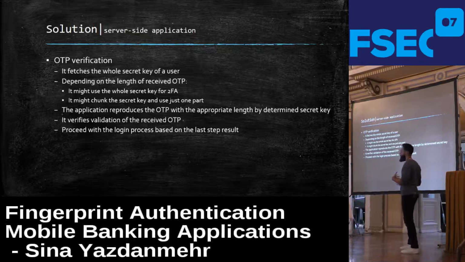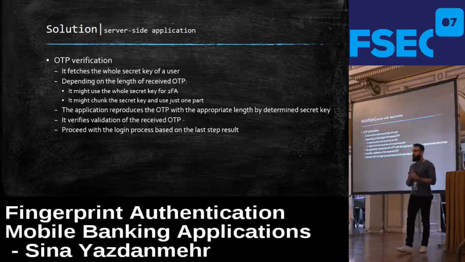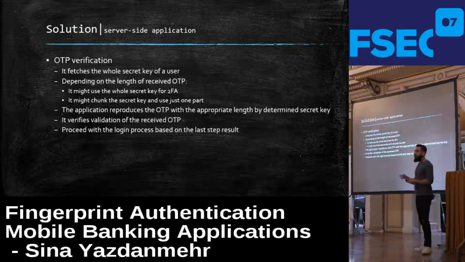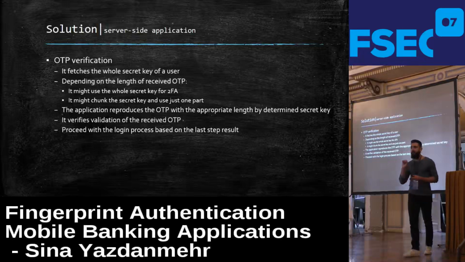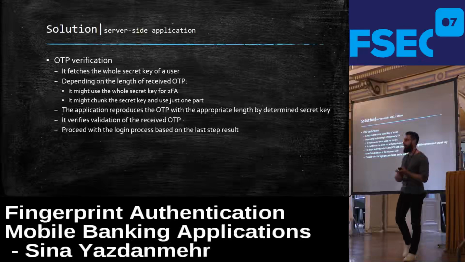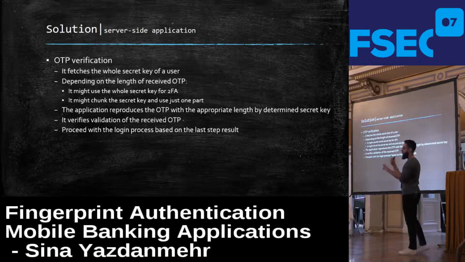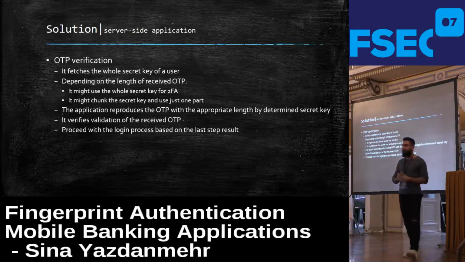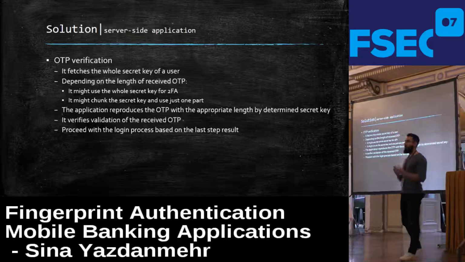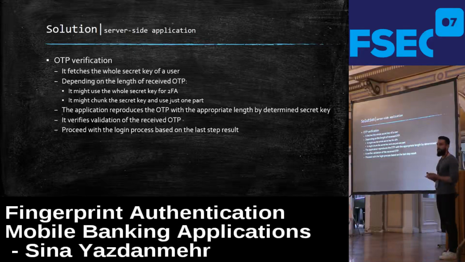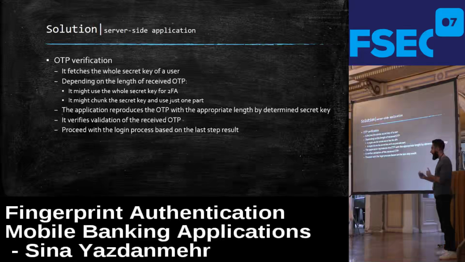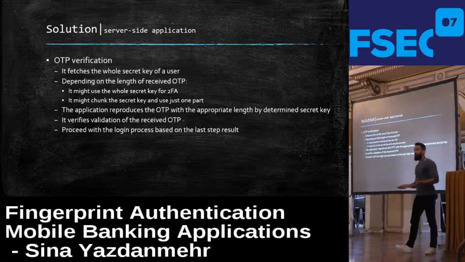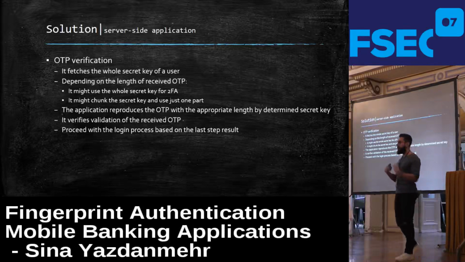Based on the length of the OTP, it fetches the secret key from the database, might use the whole secret key for two-factor authentication or one part for any other type of authentication, reproduces the OTP and validates the authenticity of the user. All steps will be the same as current authentication based on the validity of the OTP.